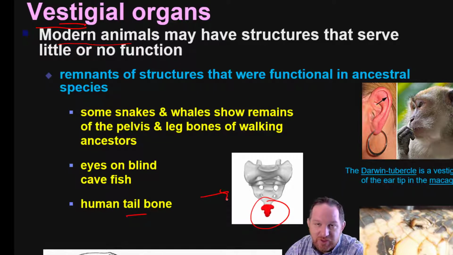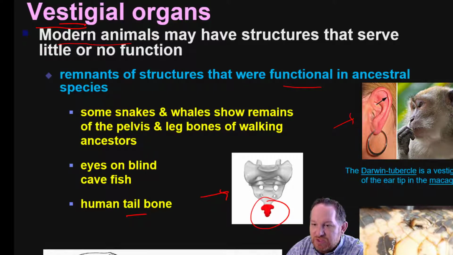And the weird thing is, you can look this up, that some humans are sometimes randomly born with tails. There's some mutation that allows for a human to have a tail grown. You can look that up on Google. It's pretty interesting. So these, again, are organs that we have that have no function for us today, but they did at some point.